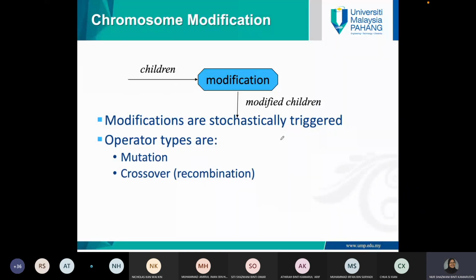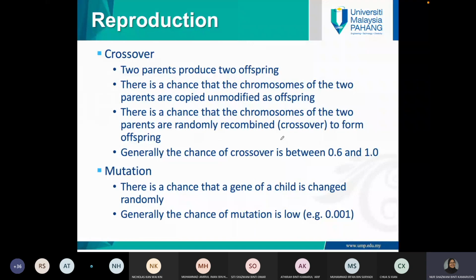So what are these terms, crossover and mutation? For crossover, two parents will produce two offspring. We have two strings, string A and string B. These two will create two new strings based on the strings of these parents.